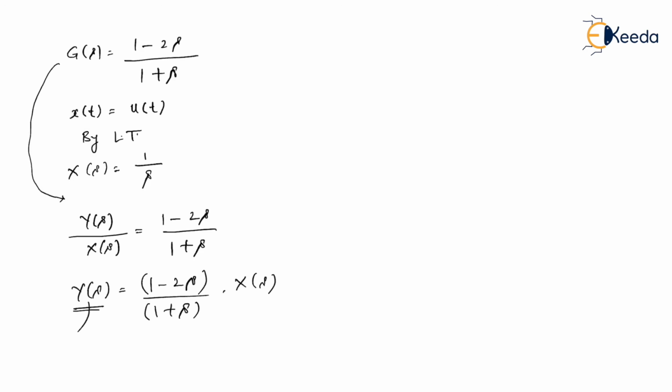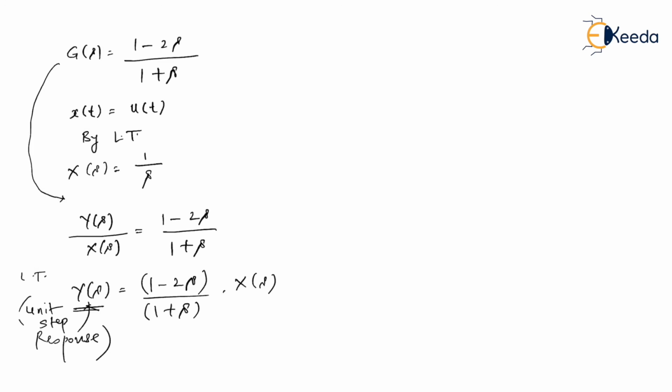Because I want response, because Y(s) is nothing but output, or it is also called response, or rather I would say it is nothing but a unit step response. In fact, to be very precise, it is nothing but Laplace transform of unit step response. Am I right? Because it is in the form of Laplace and not in terms of time. Because if it is only in terms of time, you can say unit step response.